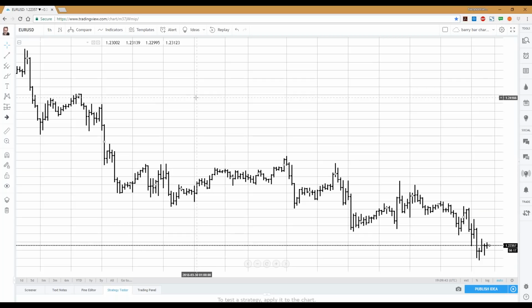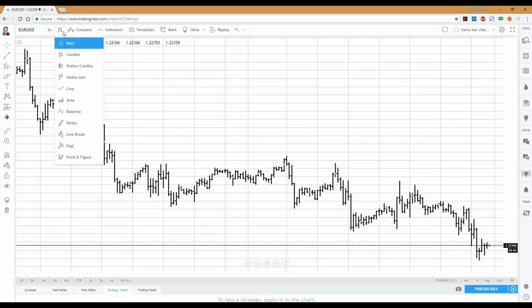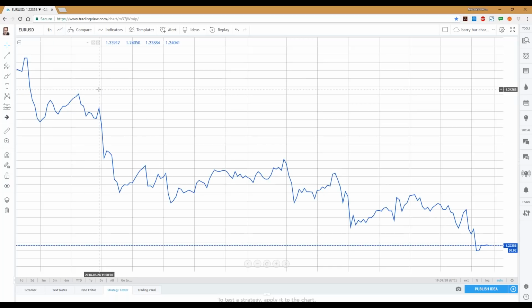Okay. A bar chart gives us a lot of information in an easy to see visual format, because this chart that we're looking at here is exactly the same price, same time, same asset, same movement as the line chart.